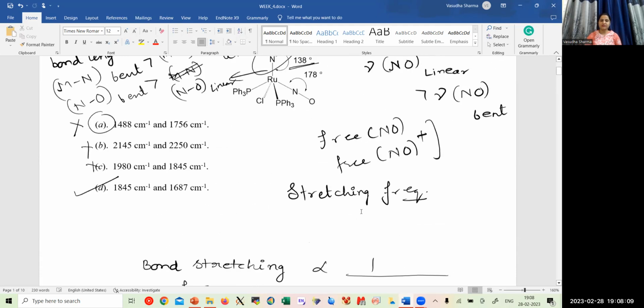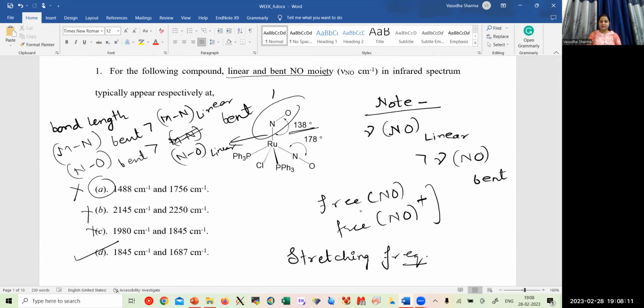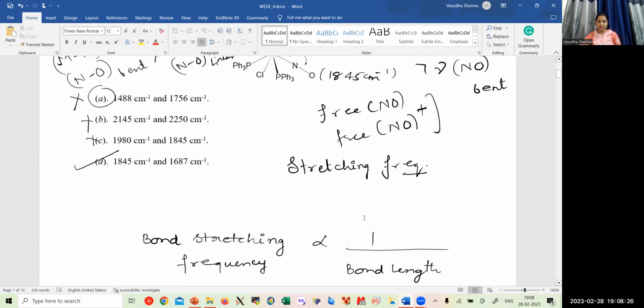In this particular case, the bent one has 1687 cm⁻¹. This is N–O; we are not talking about the metal–nitrogen. And similarly here, it is 1845 cm⁻¹. So hope this is clear.